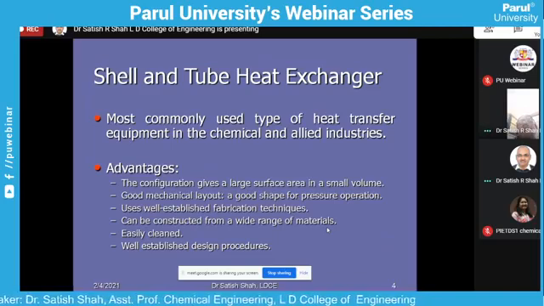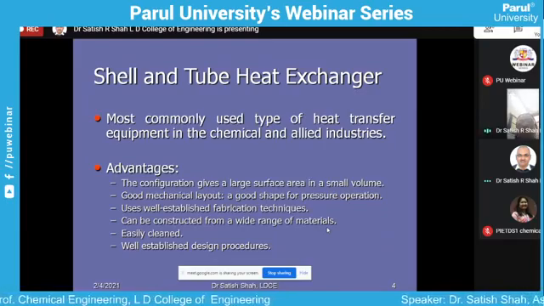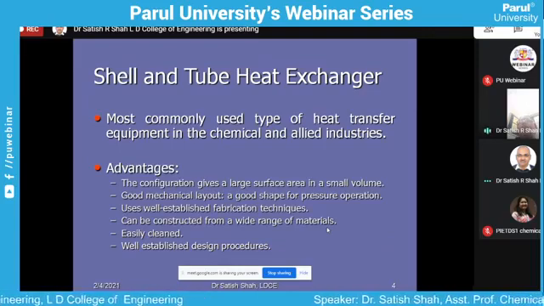Okay, now basically I told you that we'll be discussing the shell and tube heat exchanger, which is the most commonly used type of heat transfer equipment in the chemical and allied industries. Any chemical industry you visit, you will find at least one, two, or many shell and tube heat exchangers there. So let us see, what are the advantages of that?